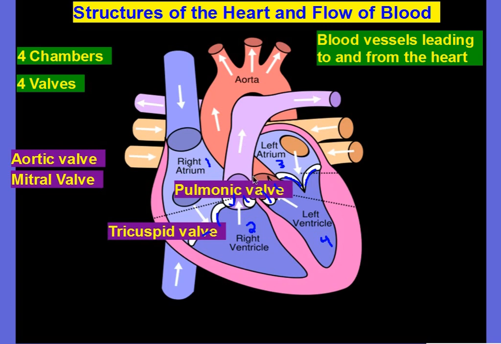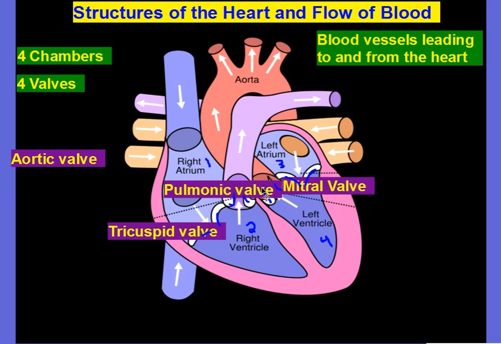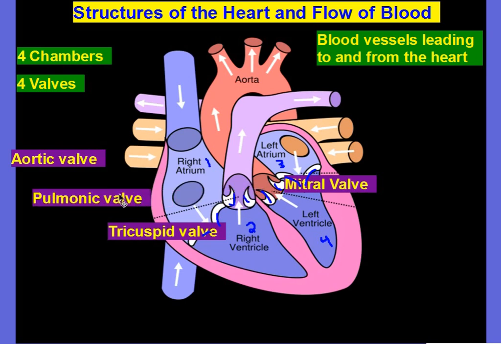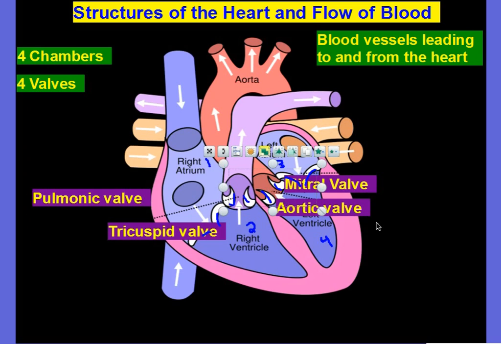Now, coming into the left atrium and then going into the left ventricle is another valve, and that is called the mitral valve. Then when blood leaves the left ventricle to go out to the body, it will then enter through another valve, as you see right here, called the aortic valve. The aortic valve.